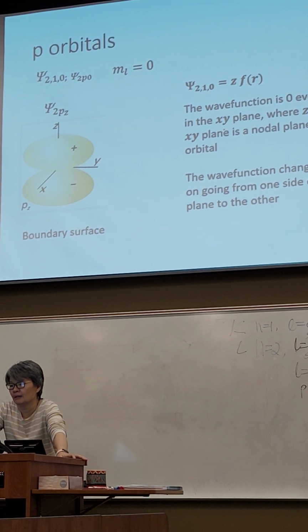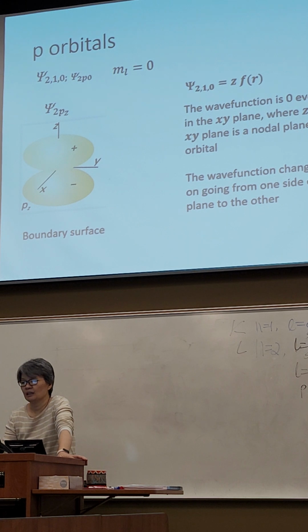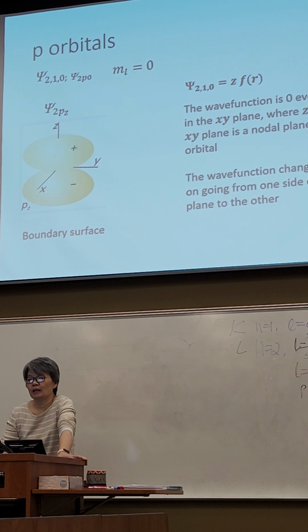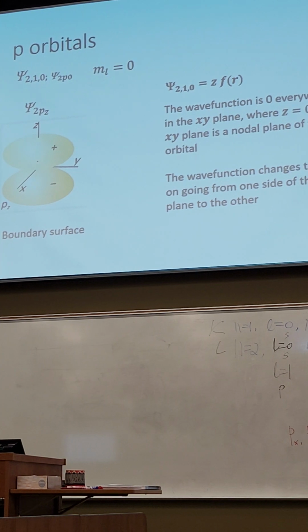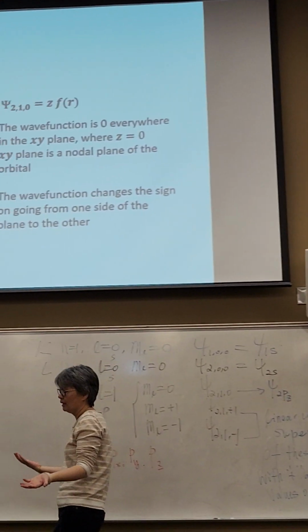we call it a nodal plane. And the wave function changes sign when you go from one side of the plane to the other. So not only do you know the shape, but now that you have a mathematical equation, you also have an amplitude.